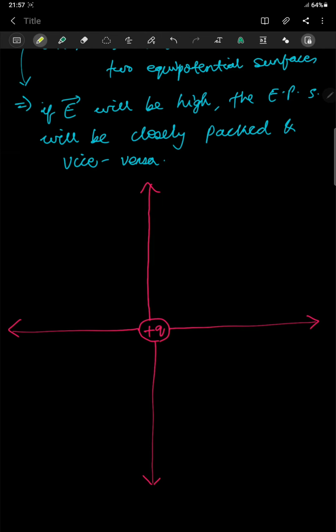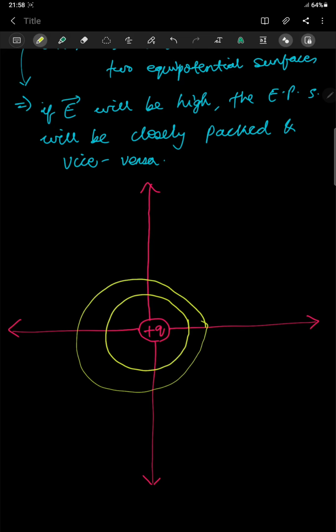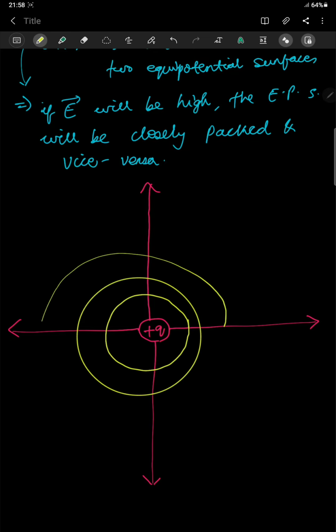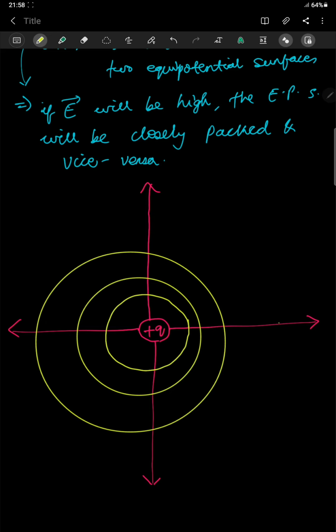We very well know that the electric field lines are perpendicular to the equipotential surface. So we draw an equipotential surface in this manner. Then we will draw the next equipotential surface, somewhere here. Then another equipotential surface, and another.